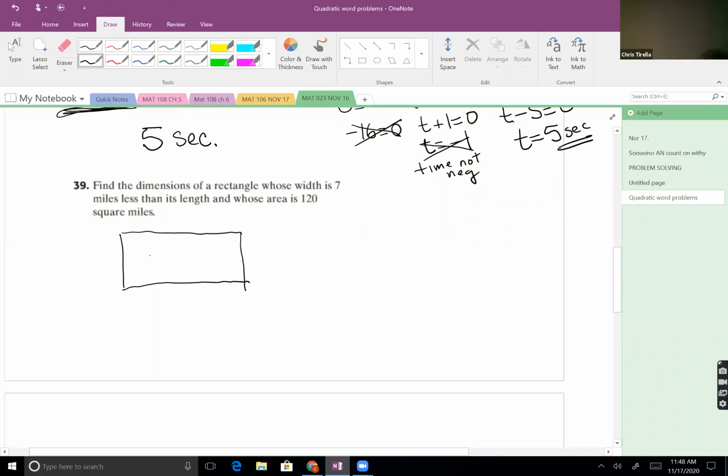We know that the area is 120. Now, what do we know about the length and the width? Told the width is 7 less than the length, right?